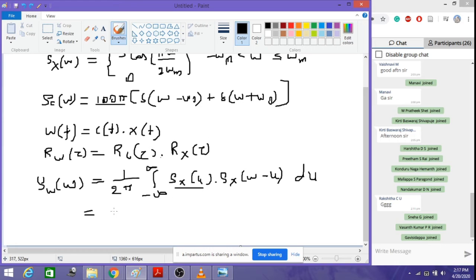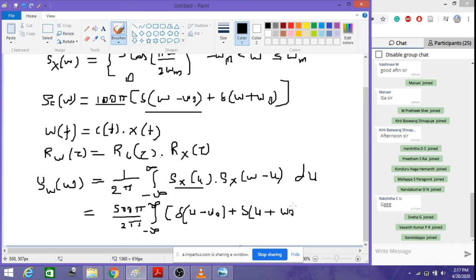Okay, so that is given here. So then when we take it common, this will be 500 pi by 2 pi into the integral from minus infinity to plus infinity. Here I will get this in terms of delta, so we write delta of u minus omega naught plus delta of u plus omega naught, into cos.